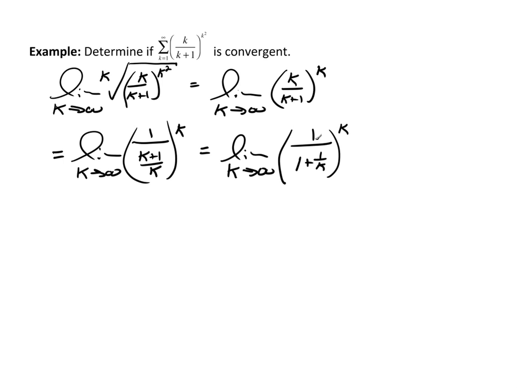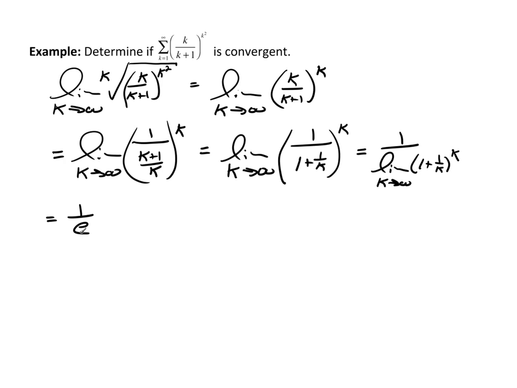Notice that as k goes to infinity, both the numerator and denominator are defined. None of these are 0, so I can look at these as individual limits. This is actually the same as 1 over the limit as k goes to infinity of (1 plus 1 over k) to the k. Well, that's e. So this whole thing is simply 1 over e.